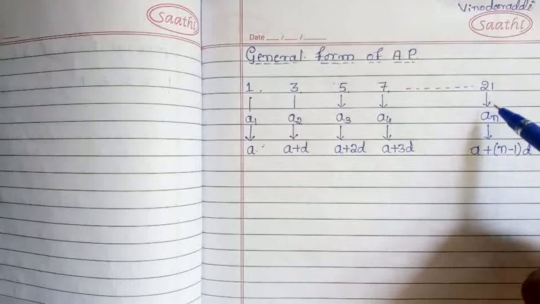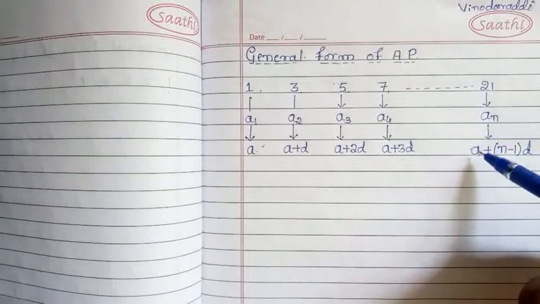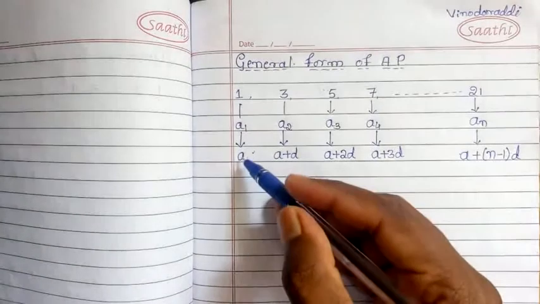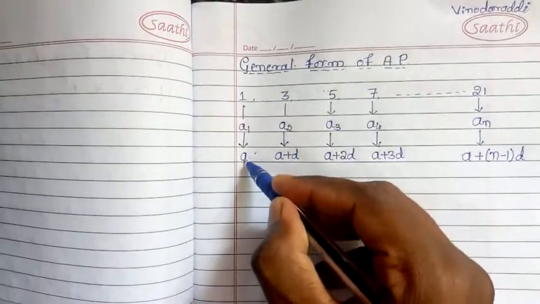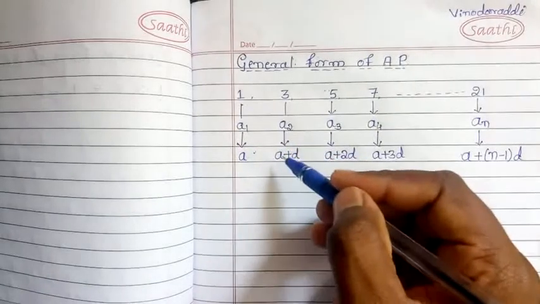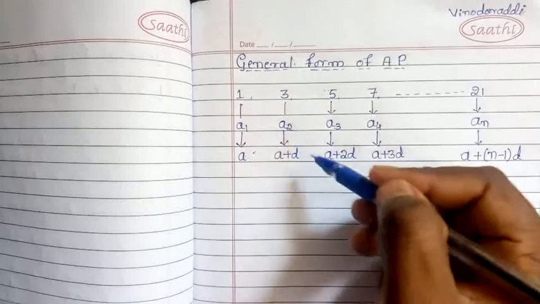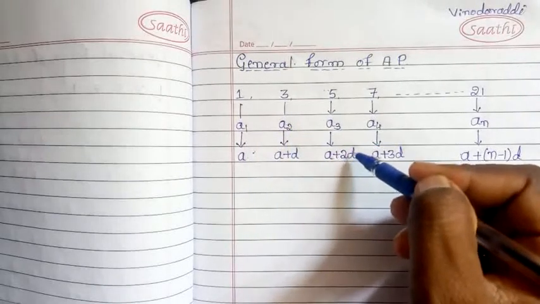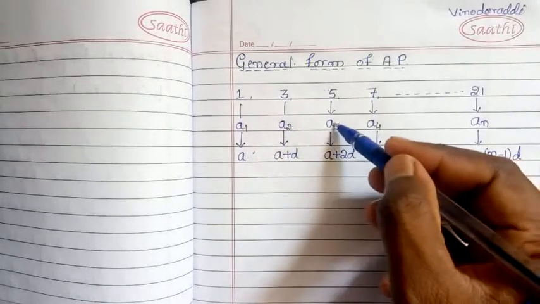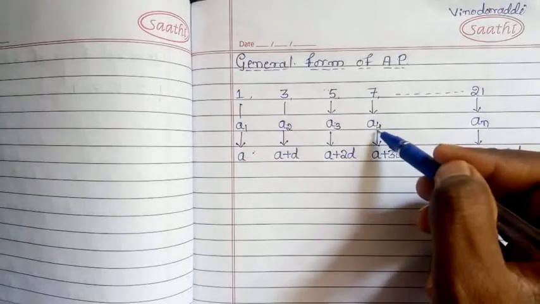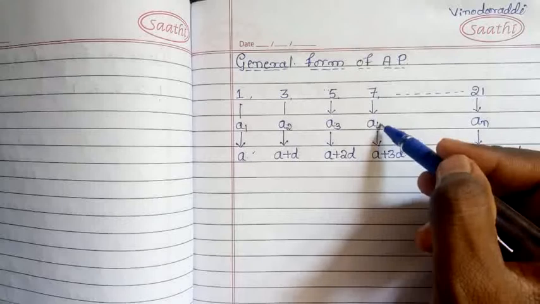The general form of the nth term is A plus n minus 1 into D. Here A is the general form of the first term, A plus D is the second term, A plus 2D is the third term, and A plus 3D is the fourth term.